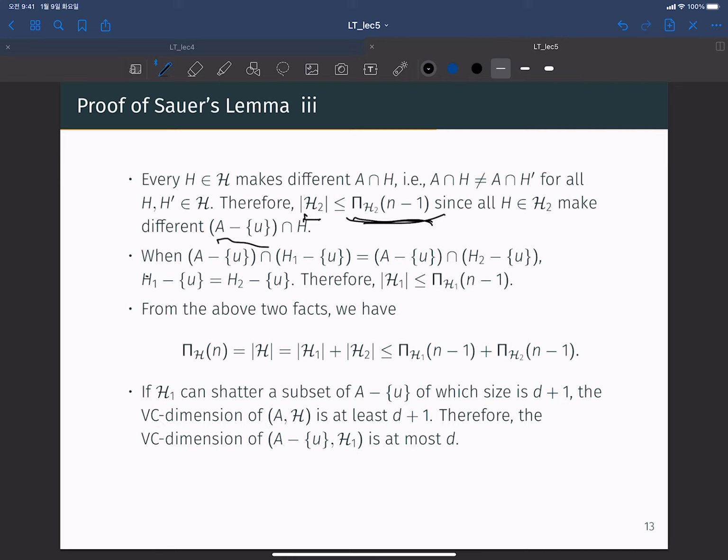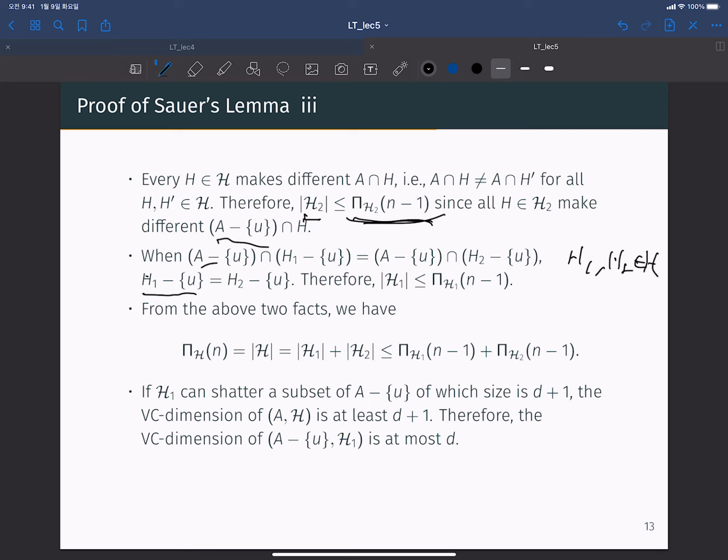And when A minus U intersected with H1 is equal to A minus U intersected with H2, then essentially we have H1 minus U equal to H2 minus U, when H1 and H2 are in our hypothesis set.